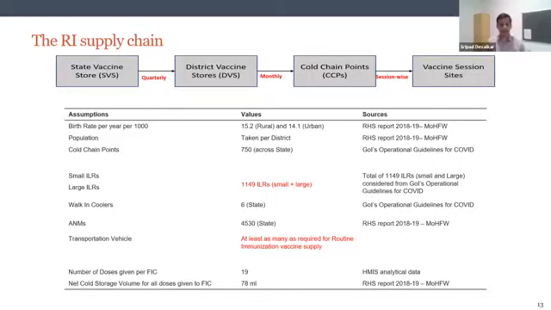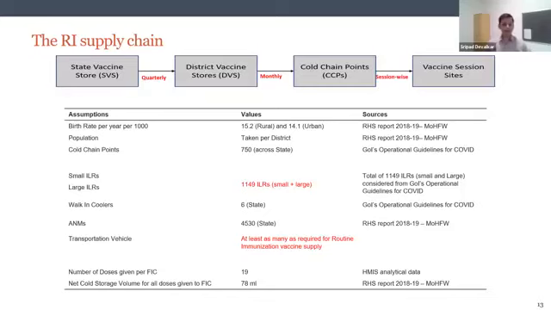The other thing, in terms of moving vaccines across these different stages, is that you need cold storage transportation. Now, we couldn't find any information on the number of vehicles that were available, but typically what we understood was every district has cold storage transportation, and these vans go to the state vaccine store to pick up vaccines and bring them to the district vaccine stores, and further on from there, deliver vaccines to the cold chain points every month.